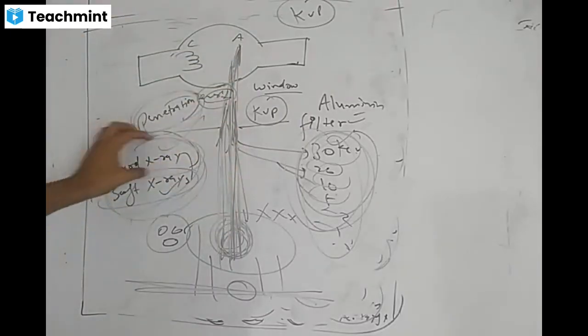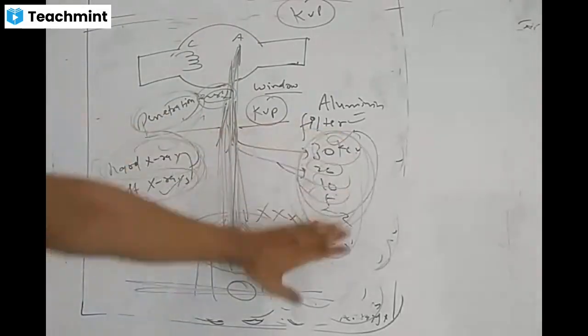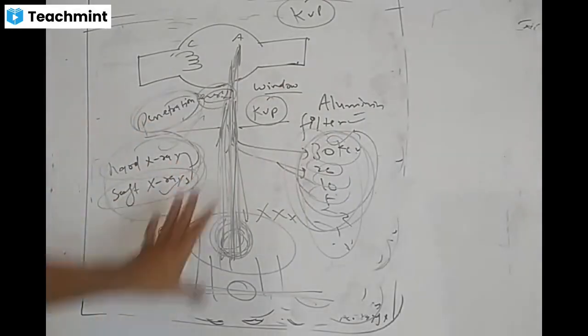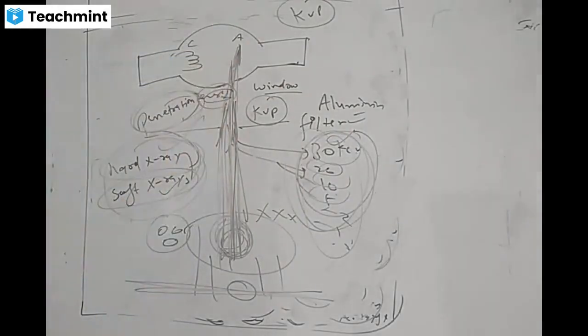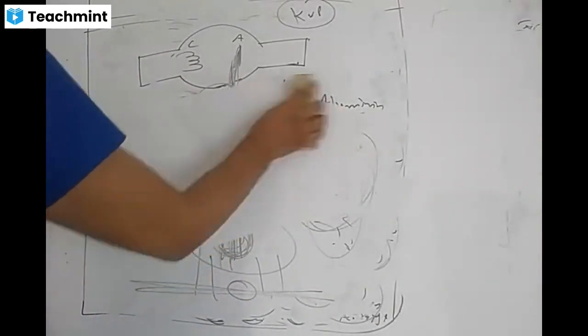We call them hard X-rays. But in this bundle, we are getting some low energy X-rays. We remove them by filtering with the aluminum filter, and what we get is a beam with hard X-rays, a beam with high energy X-rays.